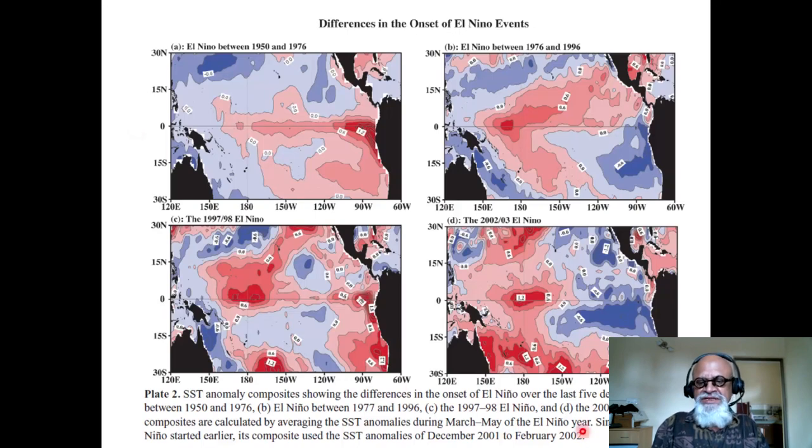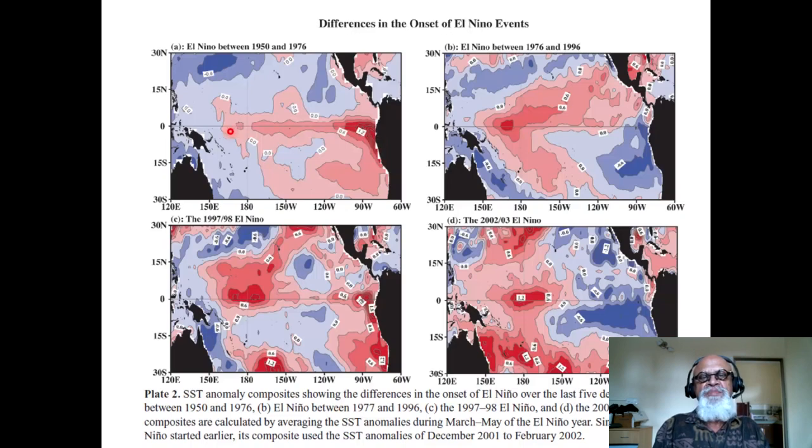So this is a nice paper that I cite somewhere that you can look up. Differences in the onset of El Niño events. So we said onset starts with discharge, but when we say onset of El Niño, we're talking about the surface expression. So between 1950 and 1976, the El Niños typically evolved from the east on the coast, Niño 1+2, and extended towards the dateline.